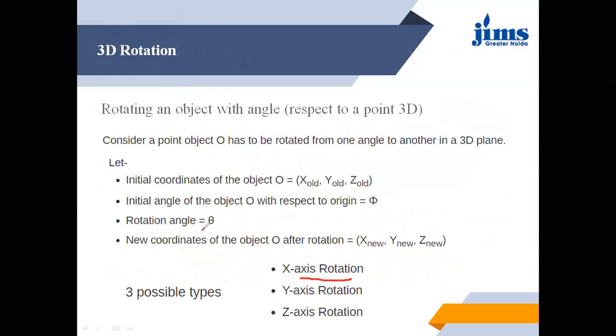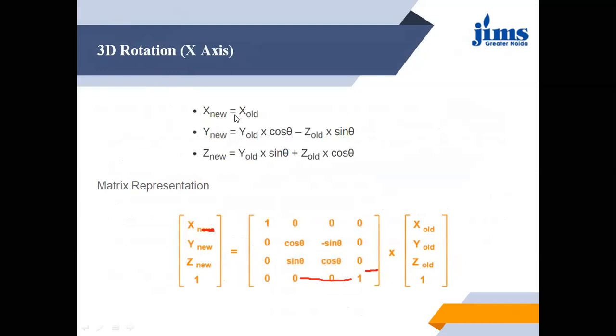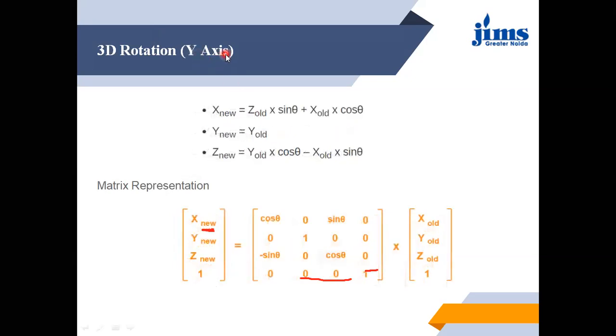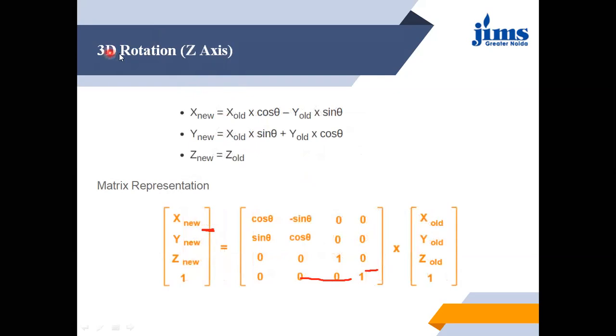A rotation angle will be given to us. When we rotate it with respect to x-axis, the value of x will be the same. When we rotate it with respect to y-axis, the value of y will be the same. And when we rotate it with respect to z-axis, the z coordinate will remain the same.